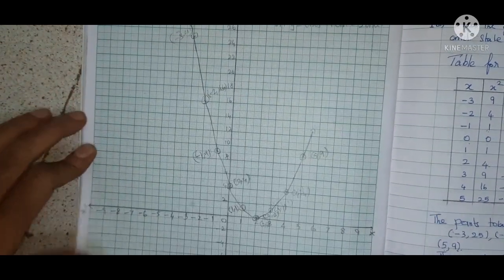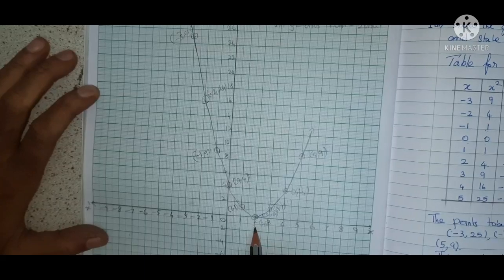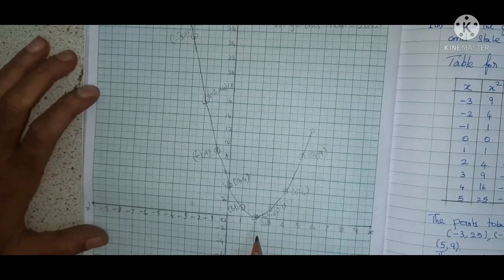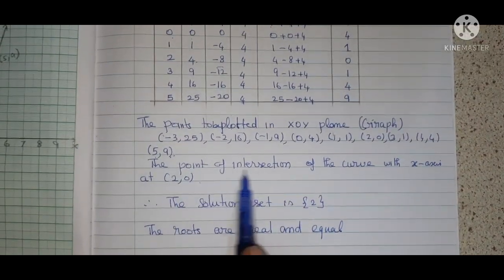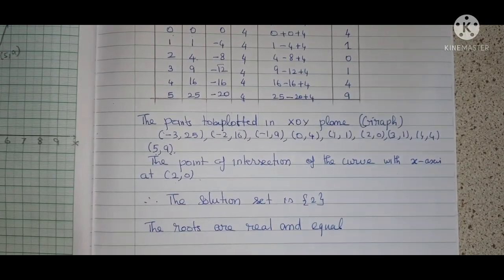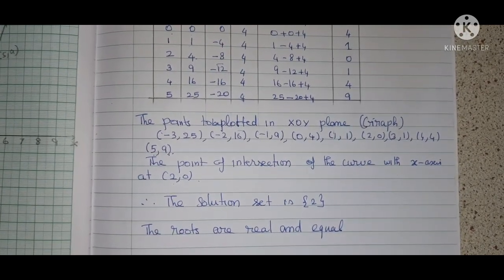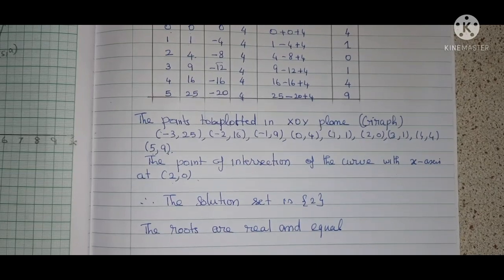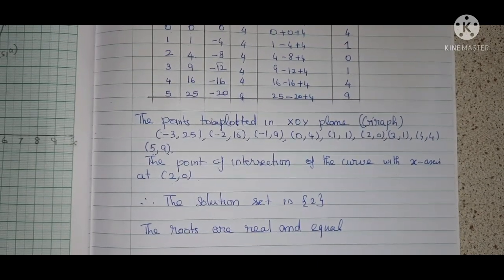The curve cuts the x-axis at the point 2, 0. This is the point of intersection. The point of intersection of the curve with the x-axis is 2, 0. Here, the curve cuts at only one point. So the solution set is 2. The roots are real and equal.